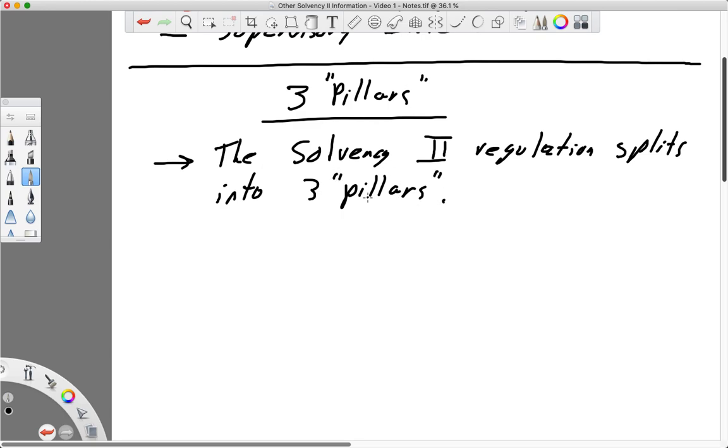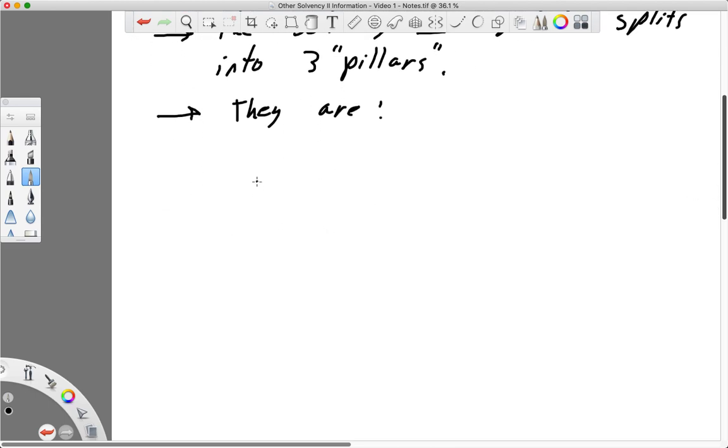And you can just kind of think of this as 3 parts of the regulation, or 3 things that the regulation is built on in some sense. So they are, so first of all, Pillar 1.